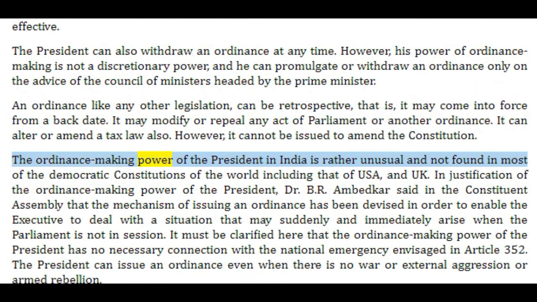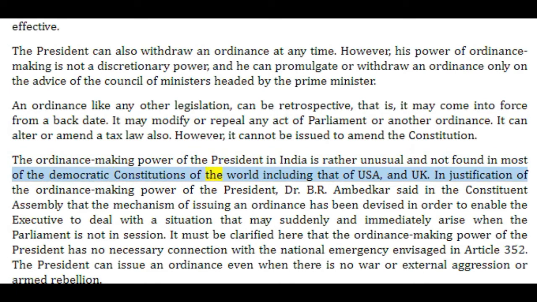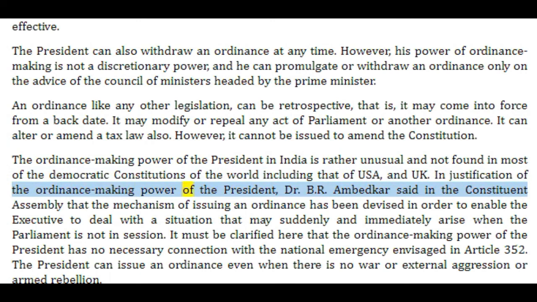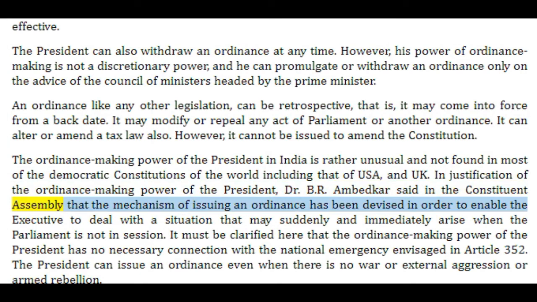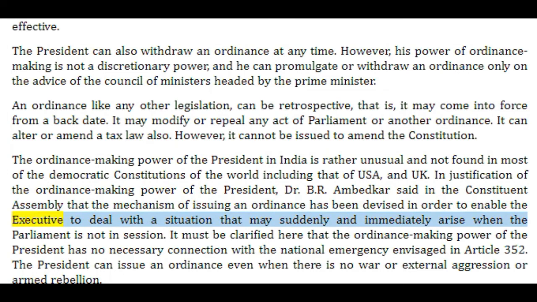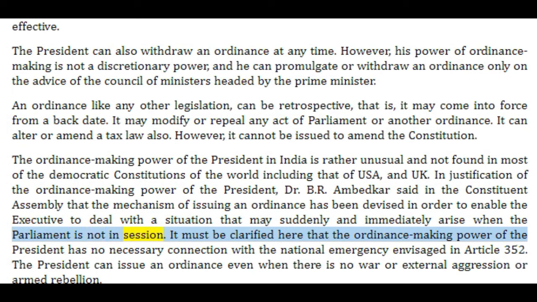The ordinance-making power of the President in India is rather unusual and not found in most of the democratic constitutions of the world, including that of USA and UK. In justification of the ordinance-making power of the President, Dr. B.R. Ambedkar said in the Constituent Assembly that the mechanism of issuing an ordinance has been devised in order to enable the executive to deal with a situation that may suddenly and immediately arise when the Parliament is not in session.